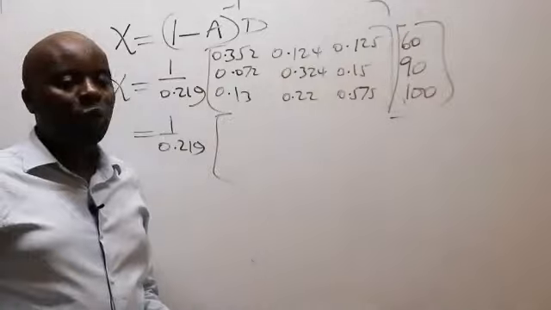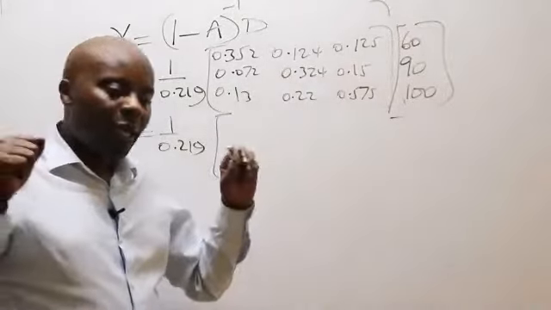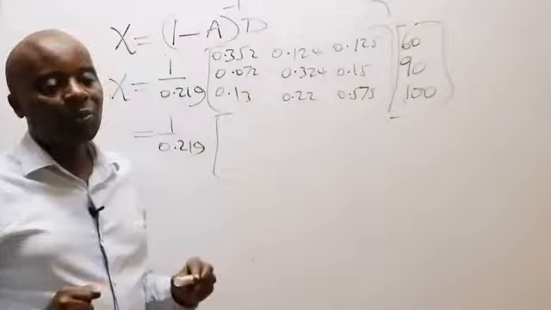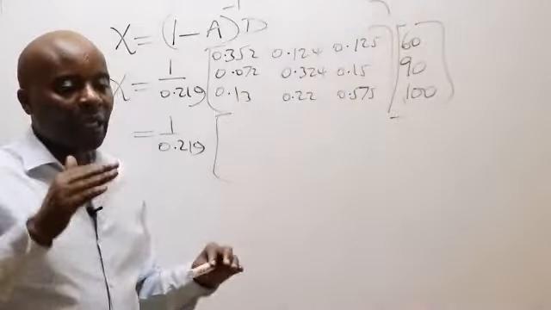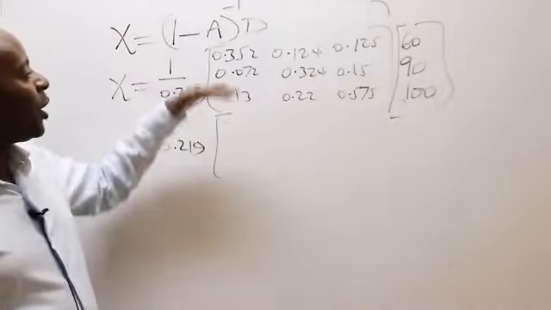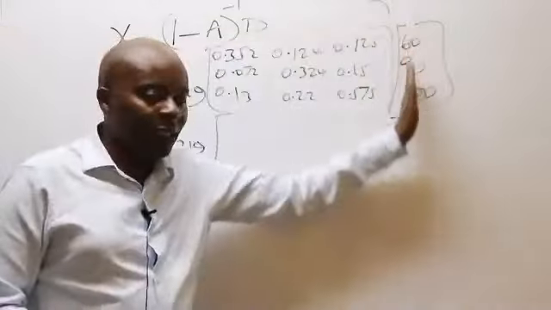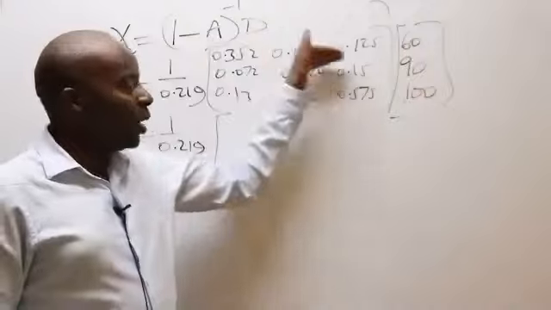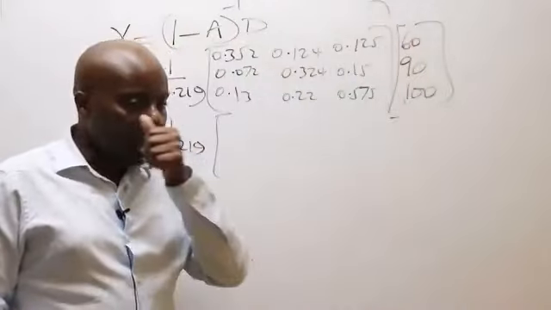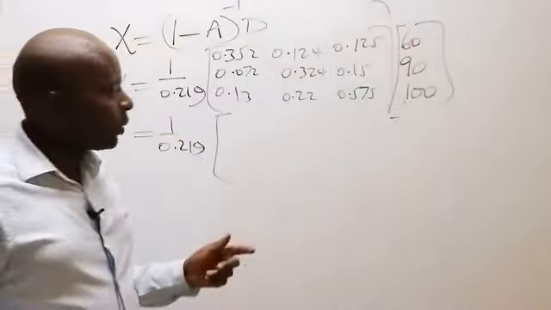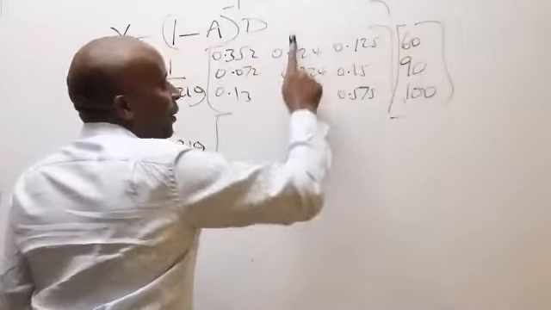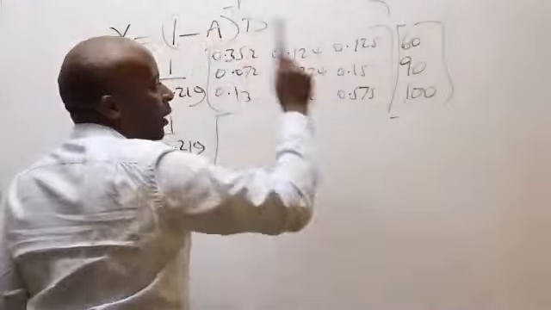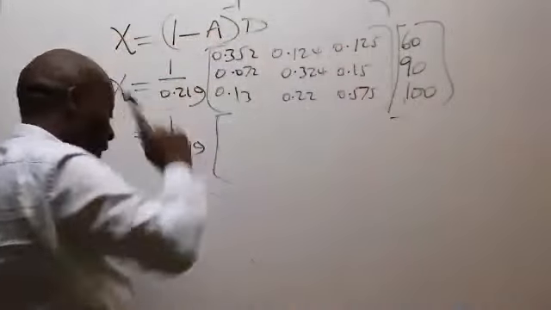Matrix multiplication: you run down the ditch. Row 1 by this column. The first figures multiplied, so we have 0.352 times 60, plus the second ones multiplied, plus the third ones multiplied. Please, somebody do that and give me an answer.